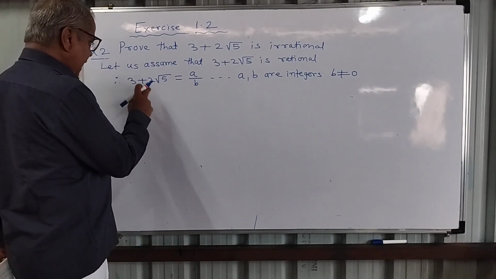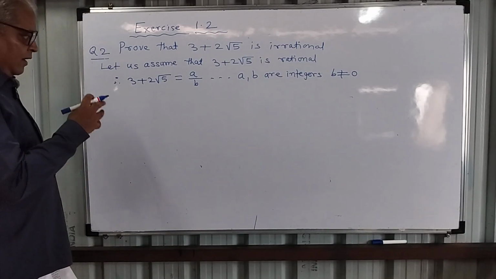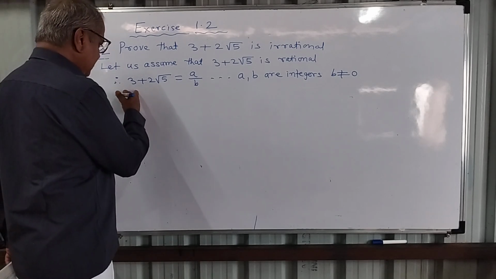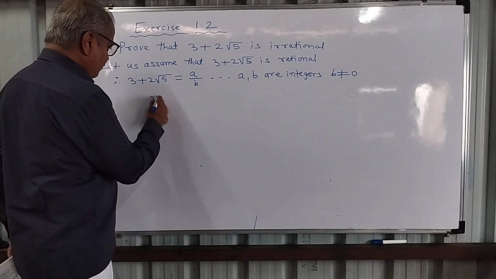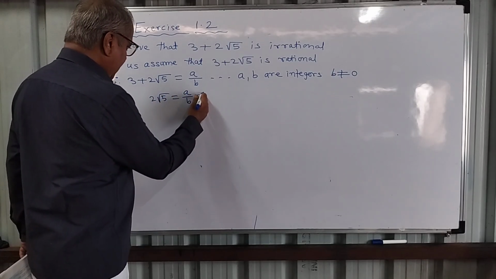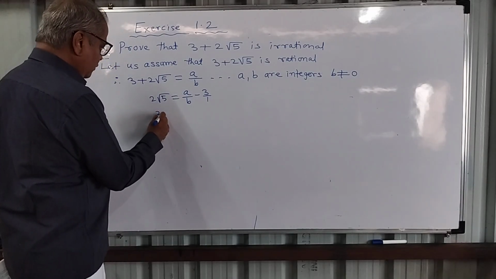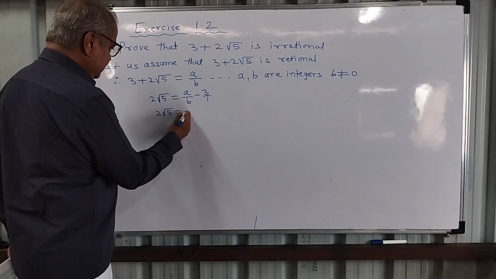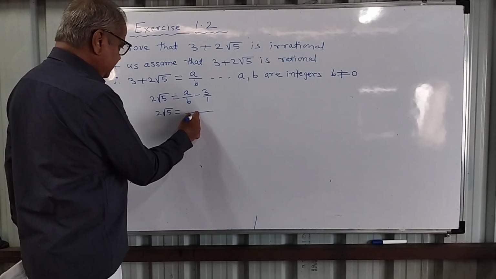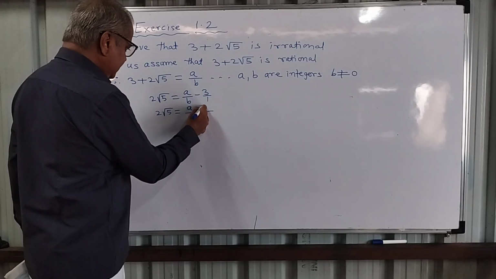Now try to keep root 5 on the LHS and all other terms on the RHS. So first transfer 3, so 2 root 5 is equal to a upon b minus 3 upon 1. Solve this with cross multiplication. B into 1 is b, 1 into a is a, b into 3 is 3b.